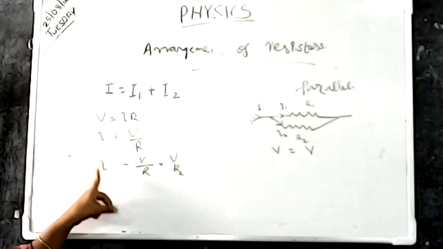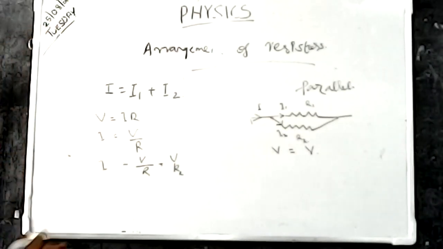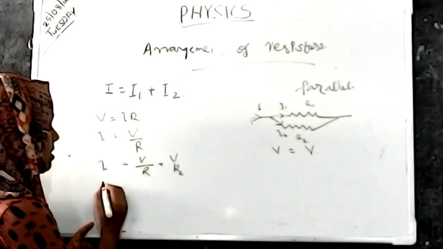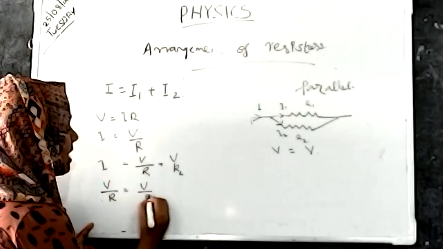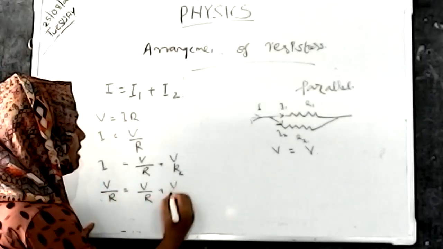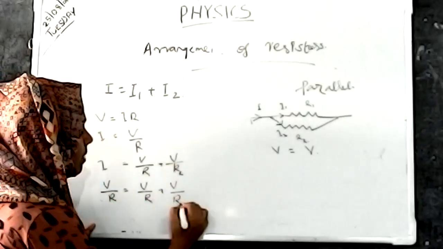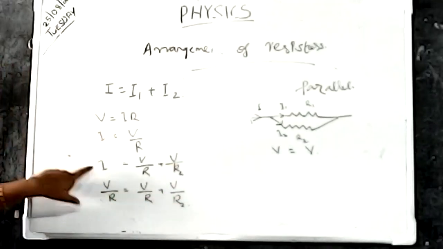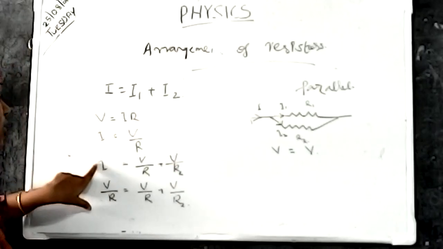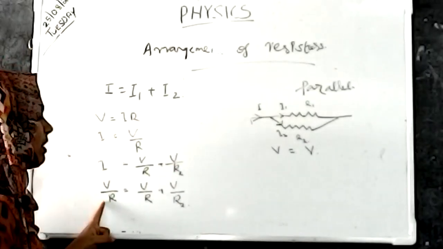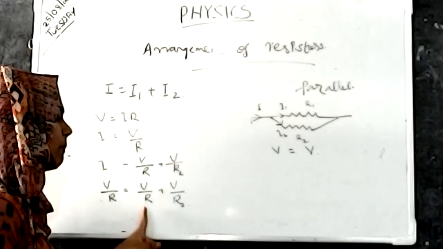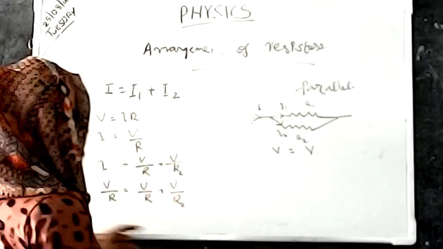And we know that I is equal to V by R. So we put V by R instead of current in this equation, and we get V by R is equal to V by R1 plus V by R2.